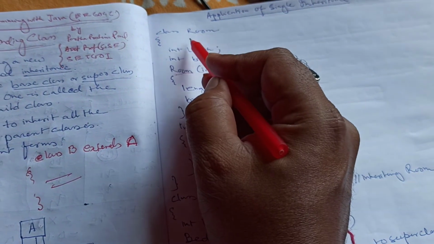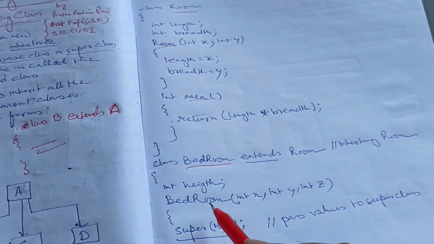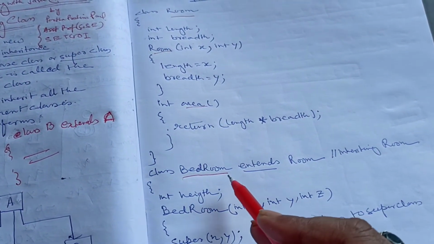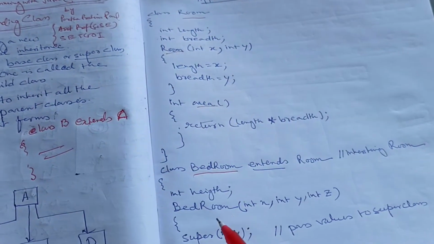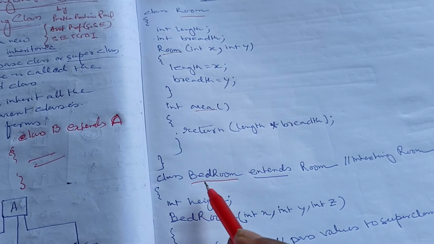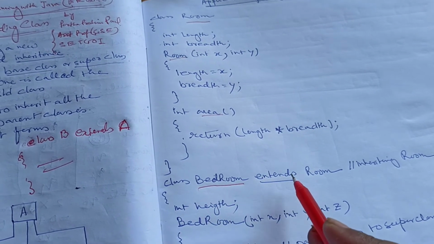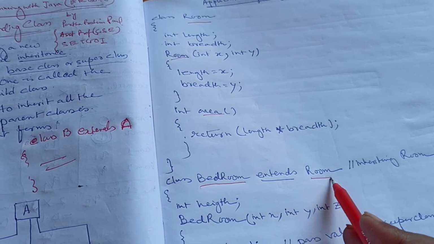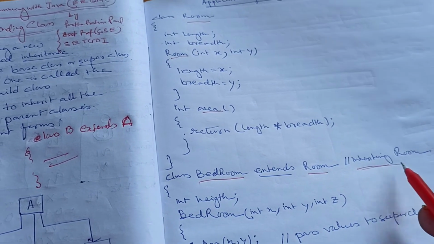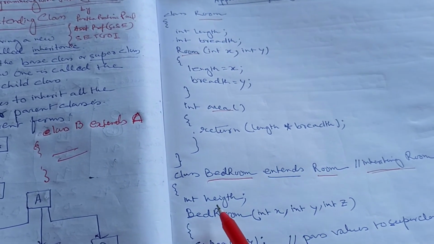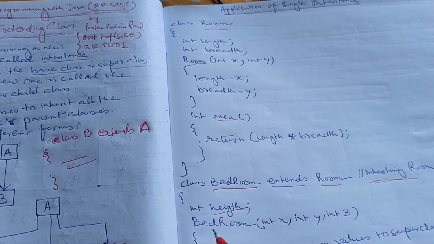This is the room class, and this is bedroom. Since the bedroom will extend room, we are writing class bedroom extends room. This syntax means inheriting the room class, and inside this another variable, height.